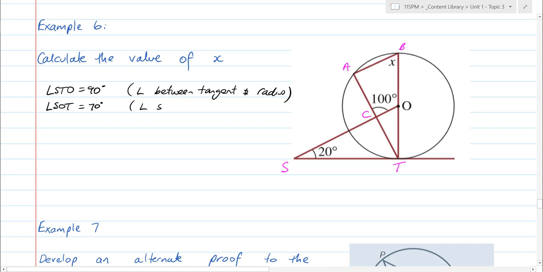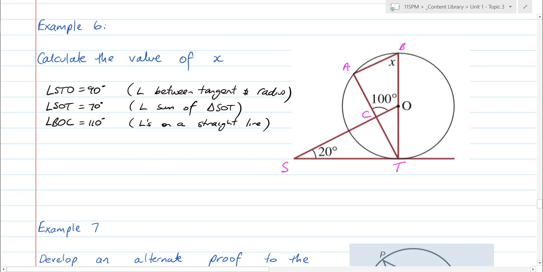This is the angle sum of triangle SOT. So I've just used the angle sum, and the angle sum's 180, so 20 plus 90, 110, 70 degrees left. And then I'm going to say angle BOC is equal to 110 degrees. This is angles on a straight line.